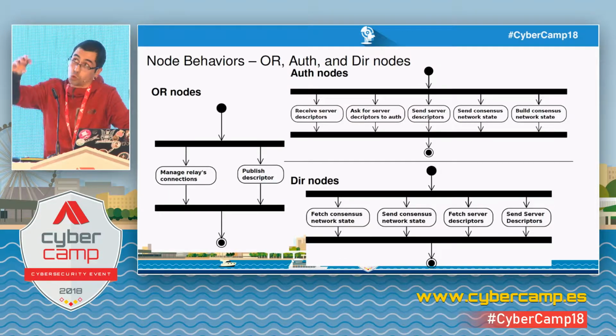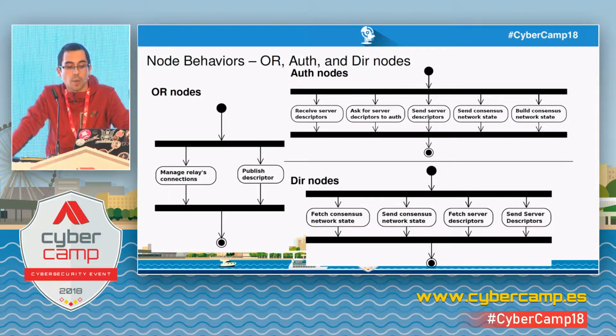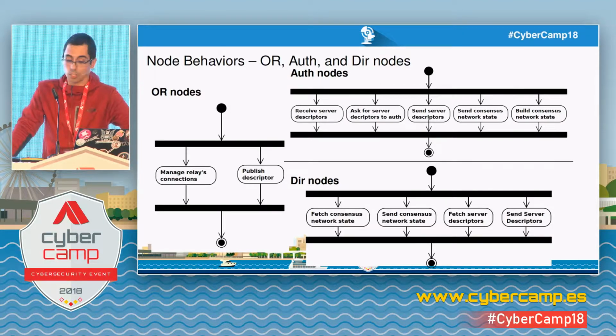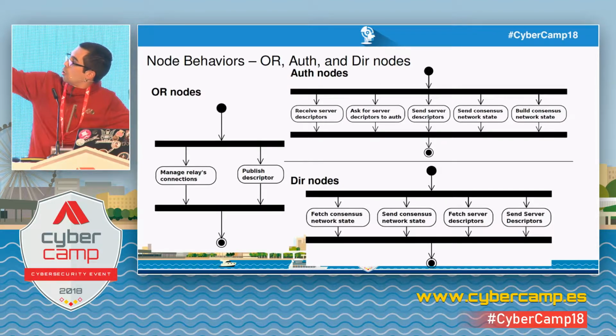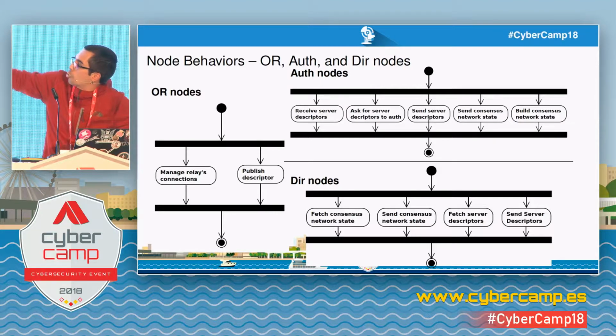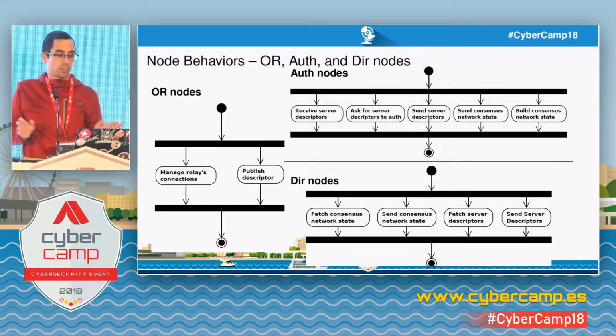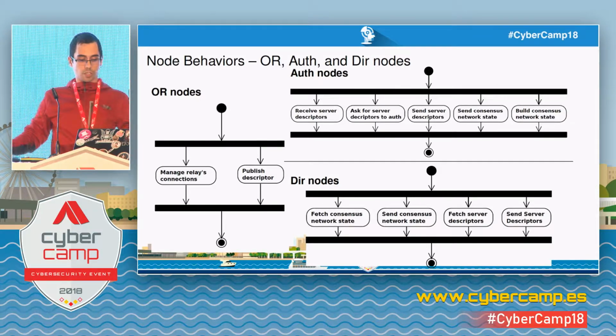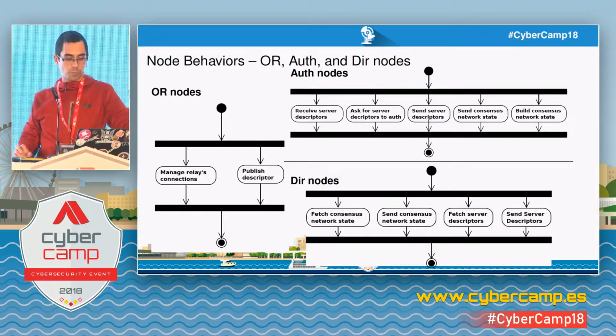Now, node behaviors. Each node or subnode will have different behaviors depending on the type of role in them. Ordinary onion routers will just send messages, and that will be it.